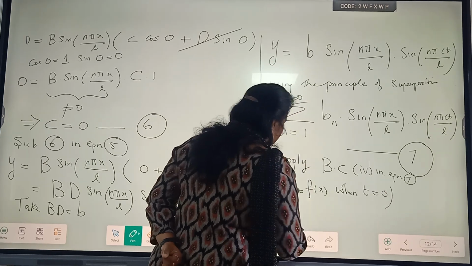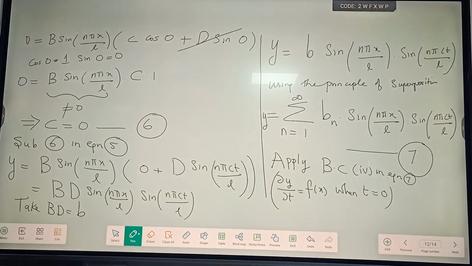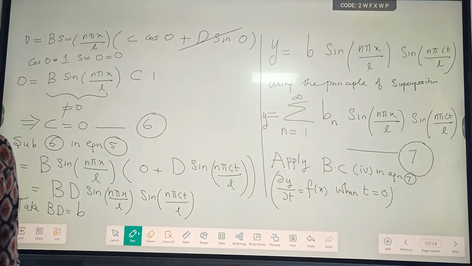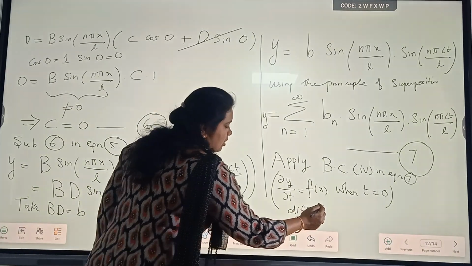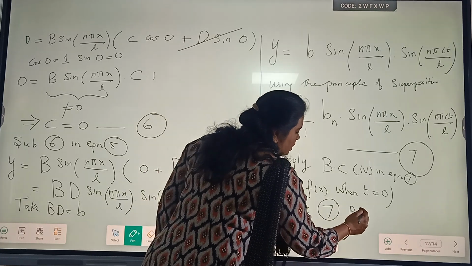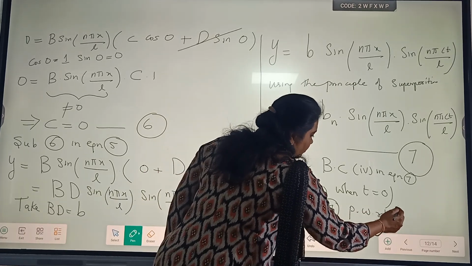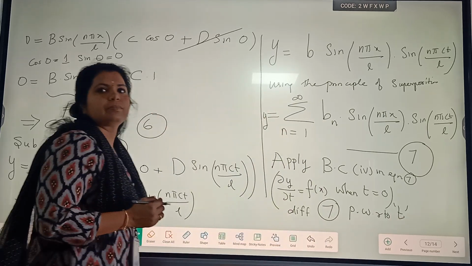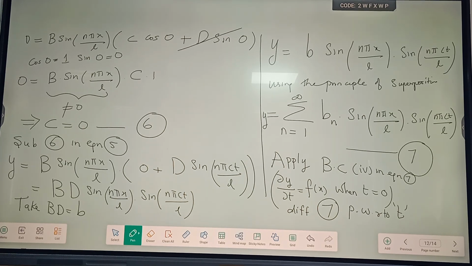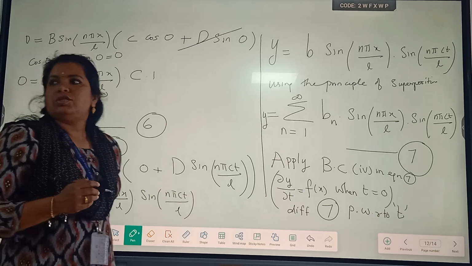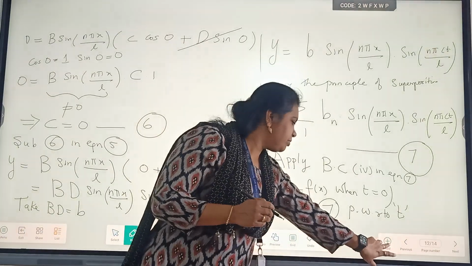So that I have to do now, differentiating 7 partially with respect to t.